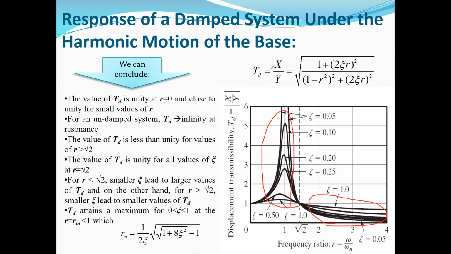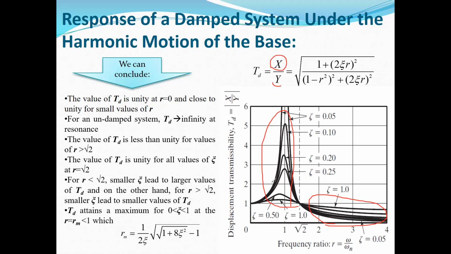I mean, the ideal case is when X is more than Y. For example, when the height of the wave is 10 centimeter, we prefer that X, the amplitude of the response, be, for example, 20 centimeter.